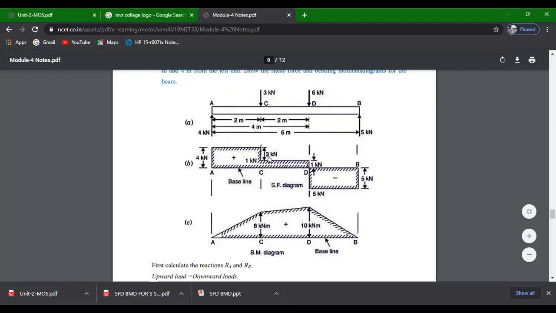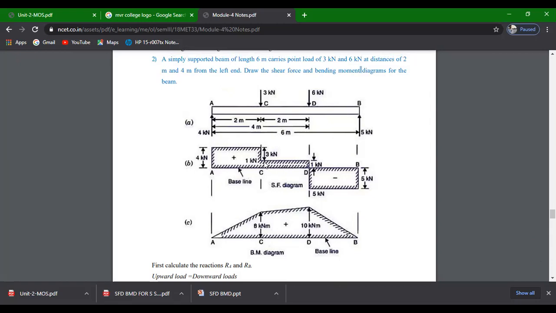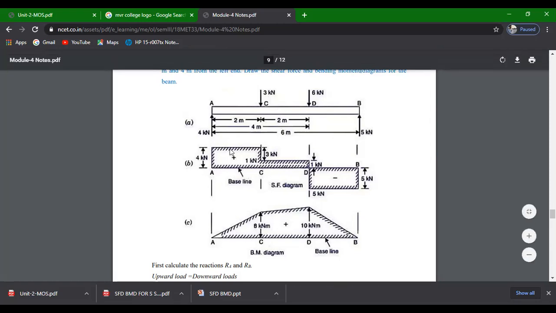Positive in the sense that, as we have considered as the assumption here, all downward forces will be positive and all upward forces will be negative. That's the reason the 3 kilonewtons will be there. Previously 1 kilonewton and right now 3 kilonewtons, so totally 4 kilonewtons will reach to the completely left side.